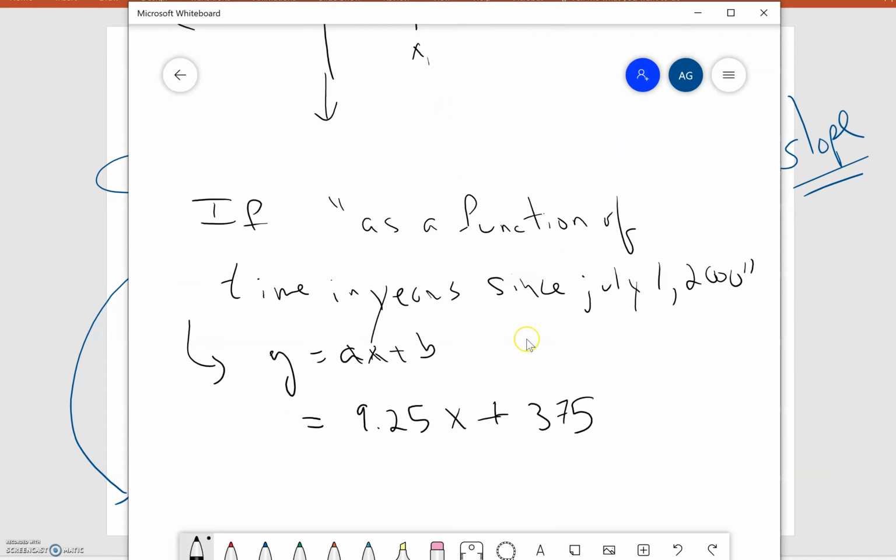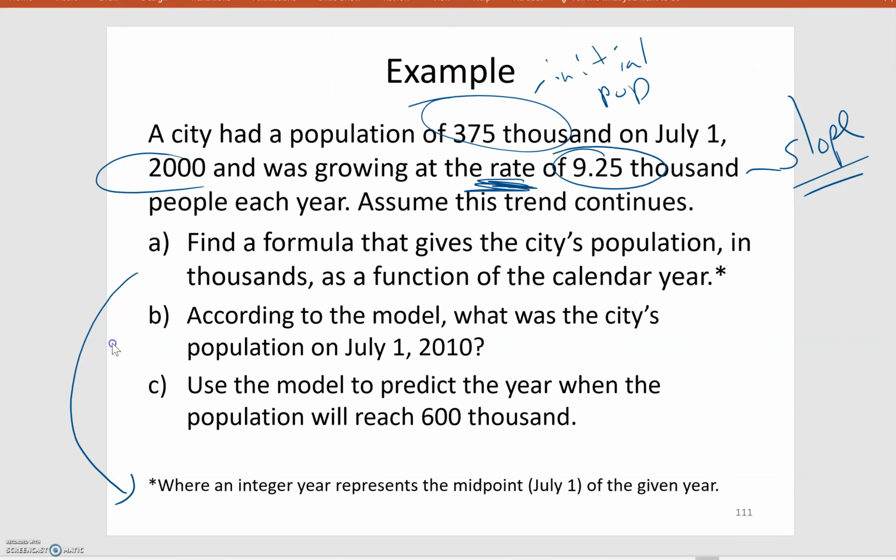Okay, but notice that the problem doesn't say this, right? It does not say as a function of time in years since July 1st. What it says is a function of calendar year. Okay, and that is different. So what that means is that what the question is asking you is to write a model where you actually input the full calendar year, like 2000, 2001, etc. And in those scenarios, you're going to use the point slope form of the line.